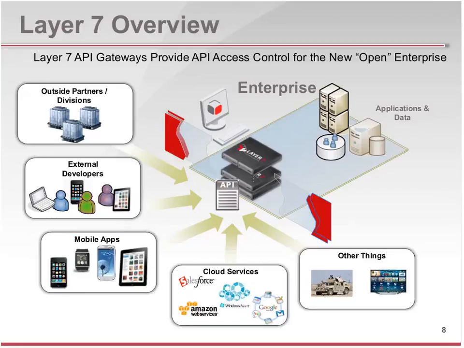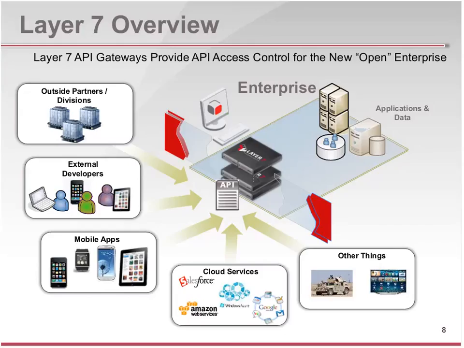So for those not familiar with Layer 7, we wanted to provide a very high-level overview of the technology and how it fits into this challenge of attribute-based and policy-based access control. Historically, the company created its product focused on XML processing, but over the last decade, we've advanced the technology to address a number of different challenges.